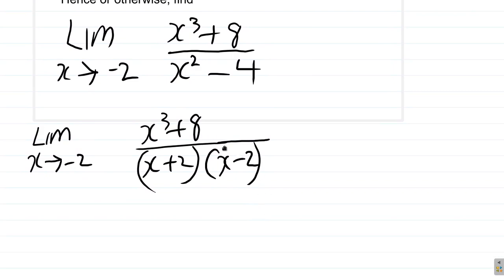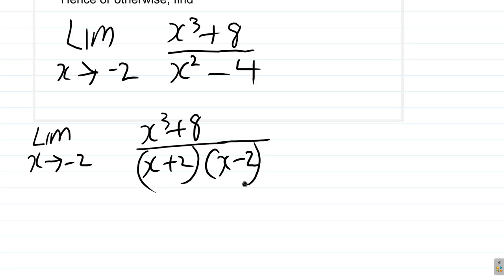But how do we go about the numerator, x cubed plus 8? I'm expecting that there should be something at the top in the numerator that will be cancelled by the x plus 2 or cancelled by the x minus 2.